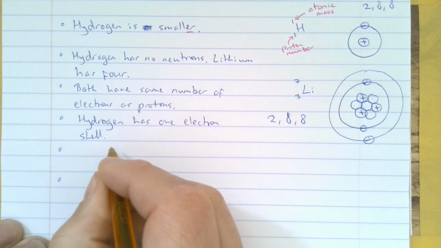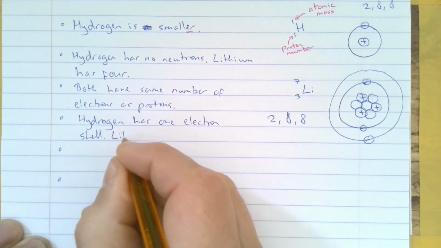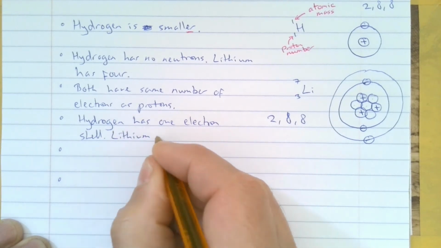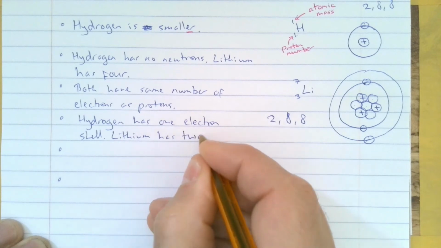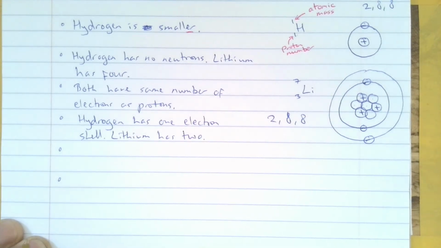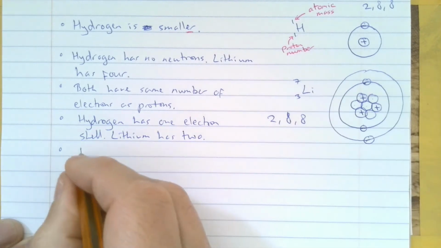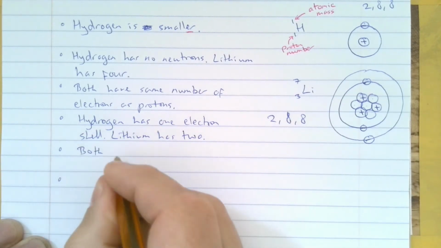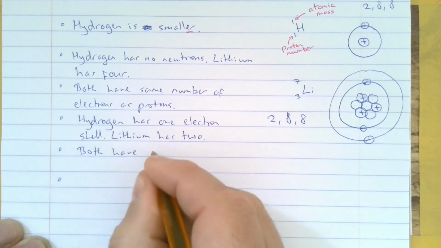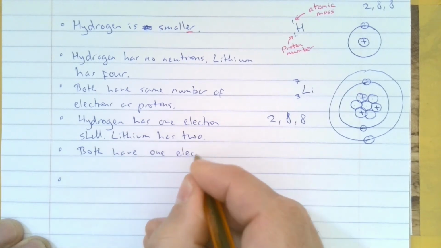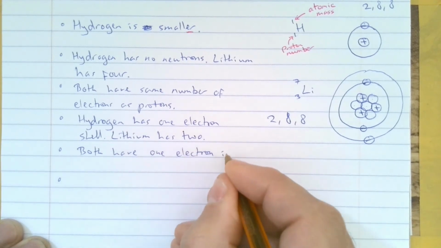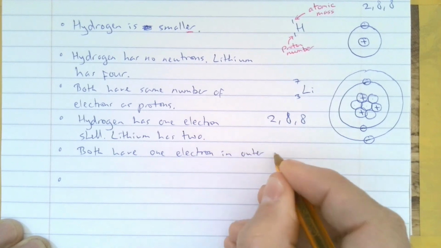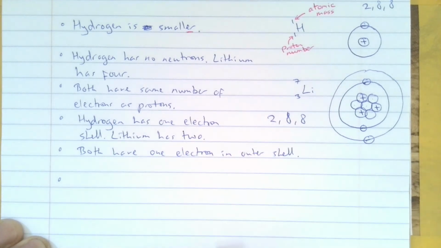Again, that's not yet a comparison, whereas lithium has two. What else do we know? Both have only one electron in the outer shell, so a similarity. Both have one electron in the outer shell. There's a similarity.